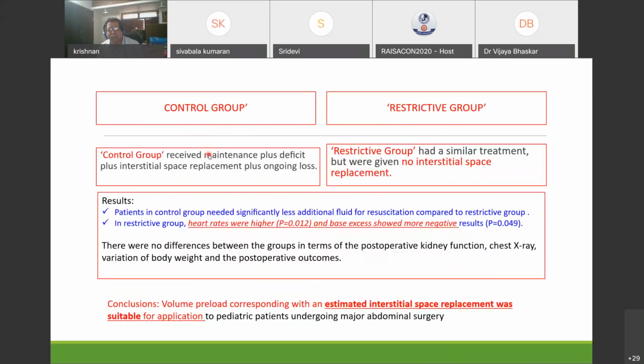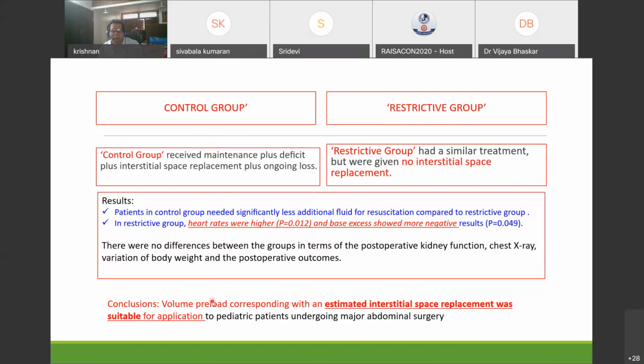The control group is complete maintenance and all the calculation based on the formula. In the restrictive group, they restricted the maintenance to 60 to 70%. They did not give any fluid for the tissue trauma loss. What they found is the heart rates were higher and base excess was negative, so acidosis.